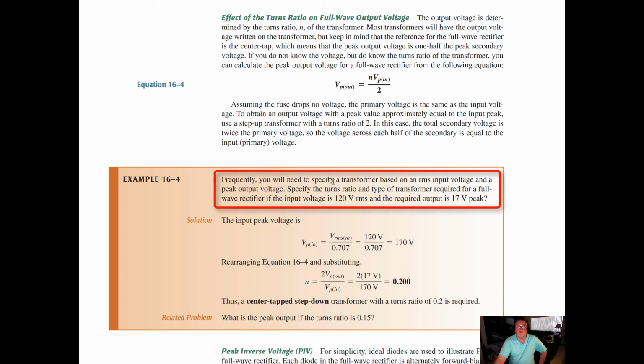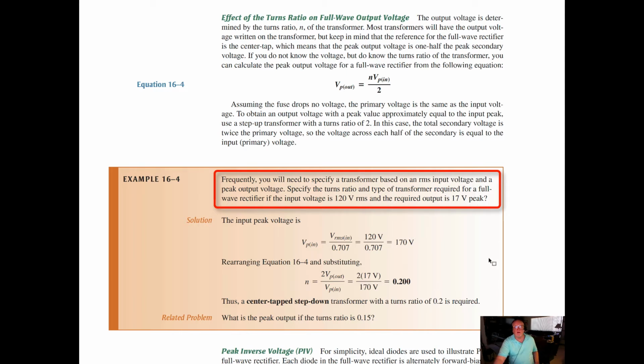Frequently, you will need to specify a transformer based on an RMS input voltage and a peak output voltage. Specify the turns ratio and type of transformer required for a full wave rectifier if the input voltage is 120 volts RMS and the required output is 17 volts peak.